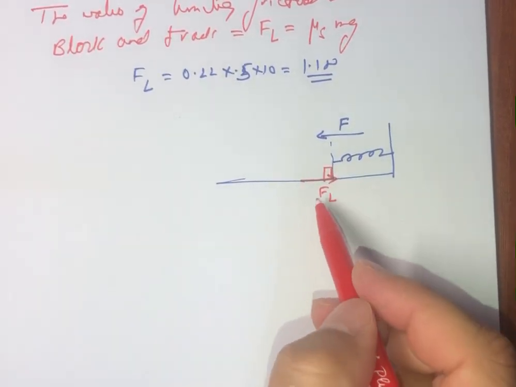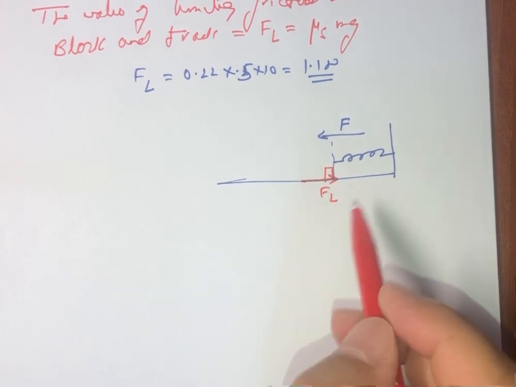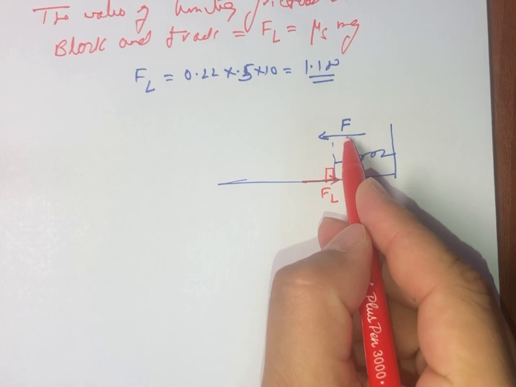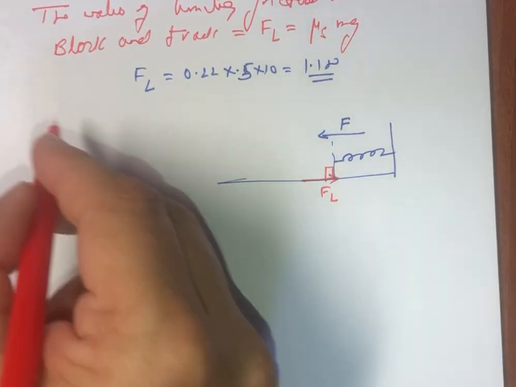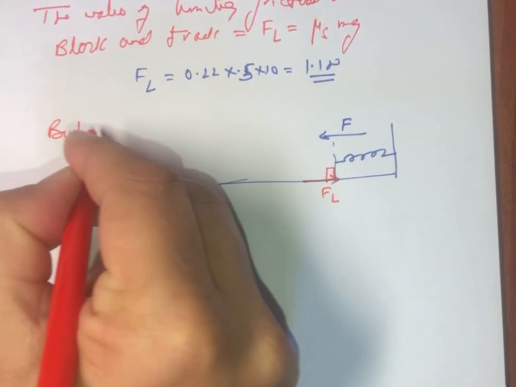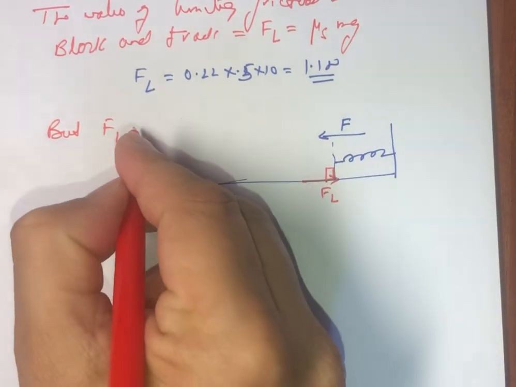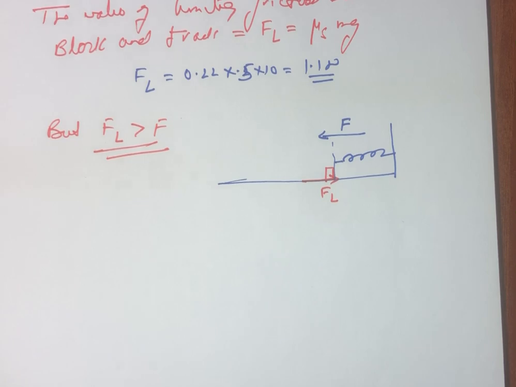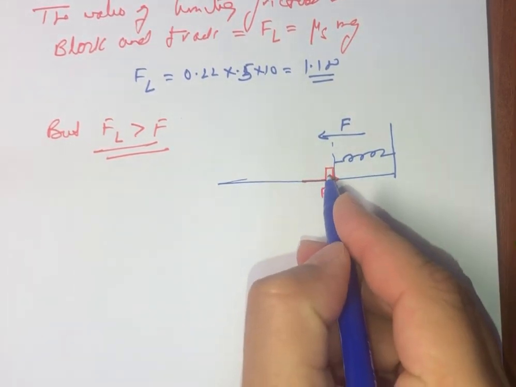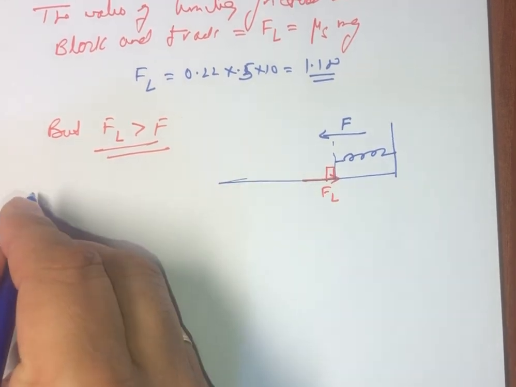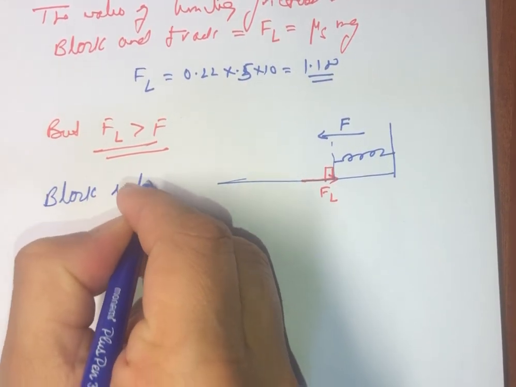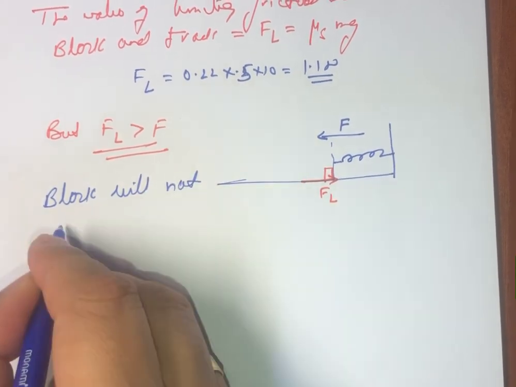From the comparison, you can see that the limiting friction FL is greater than the spring force F. So the block will not move.